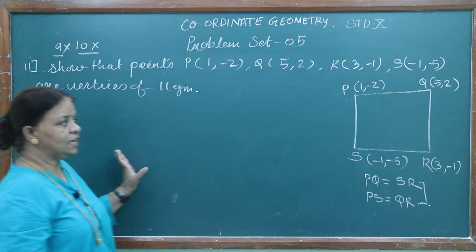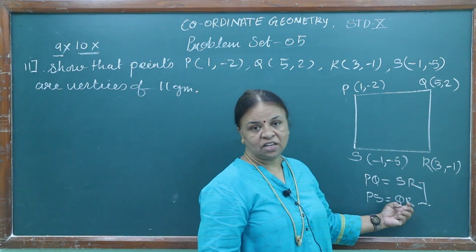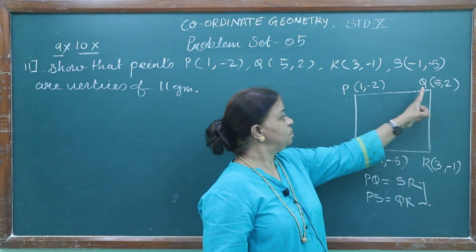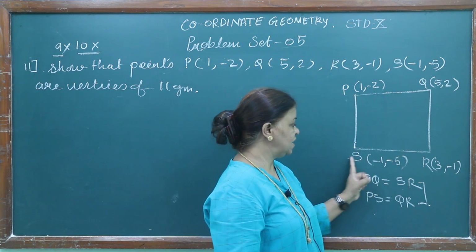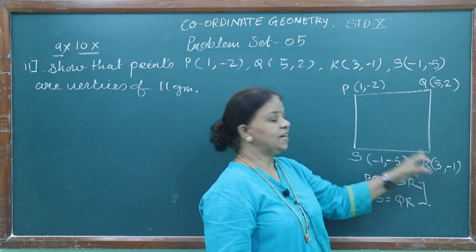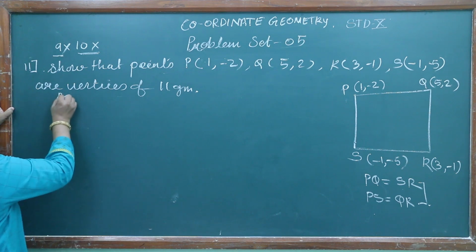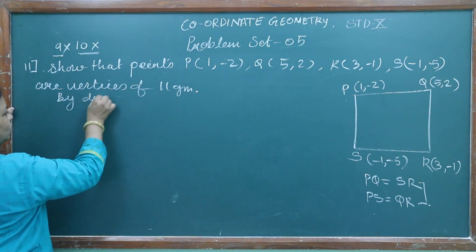Let us find the length of PQ and SR, PS and QR. Distance between P and Q, distance between S and R, distance between P and S, distance between Q and R. And that can be done by the distance formula, children. So by distance formula.